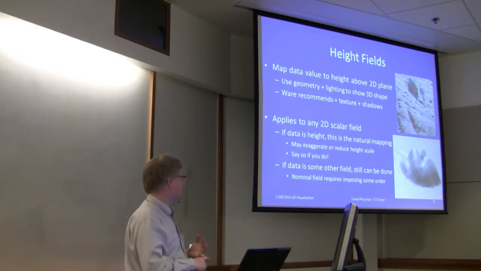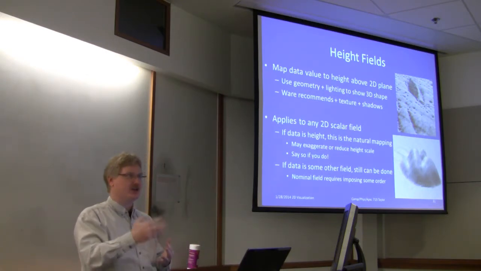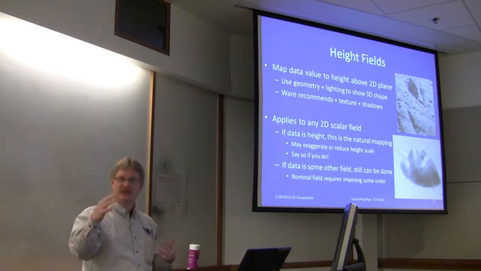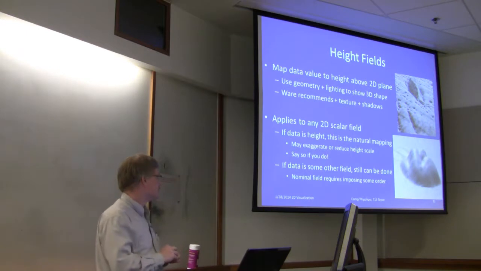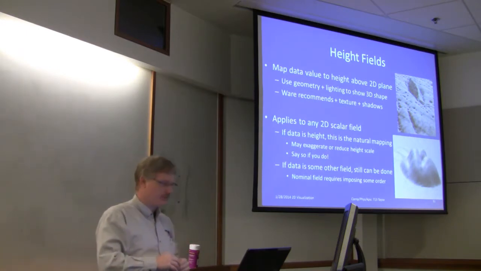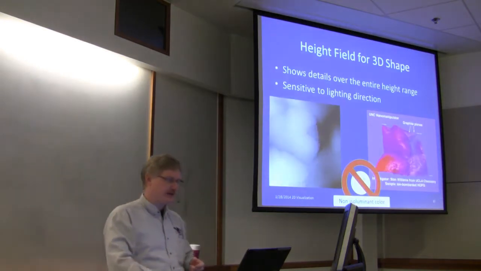If it's some other field, you can still use height to display it. And you should still think about, okay, should I map this to height? Explain to the users I did this because it has some benefits over color, for example, of being able to look at geometry and detail at higher frequency display. If you do a nominal field, of course, you have to impose some order on that.